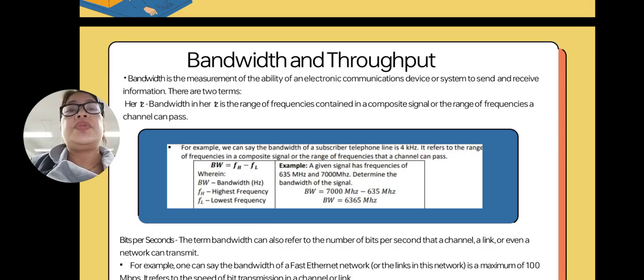Number one is bandwidth, the range of frequencies contained in a composite signal, or the range of frequencies a channel can pass. Here are the formulas we are going to use to compute the problems. For example, the bandwidth of a subscribed telephone line is 4 kilohertz.